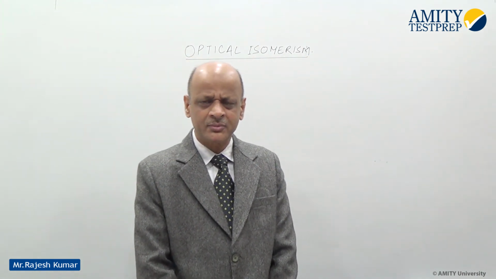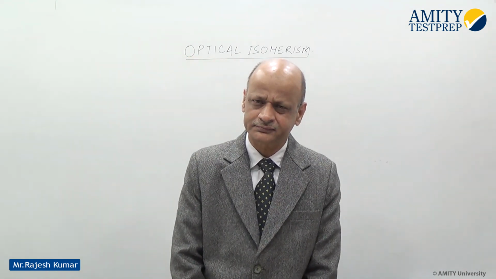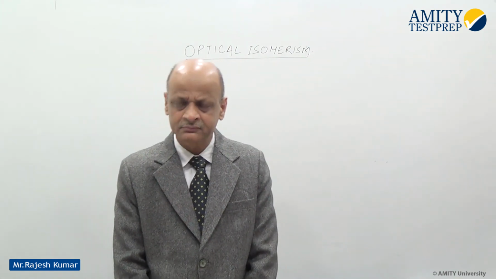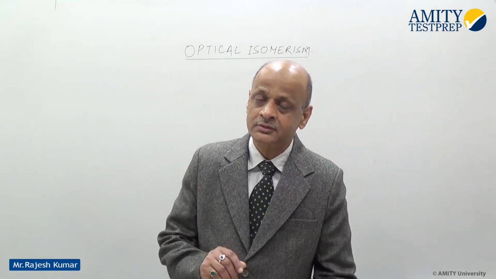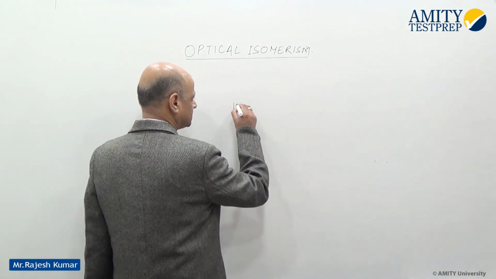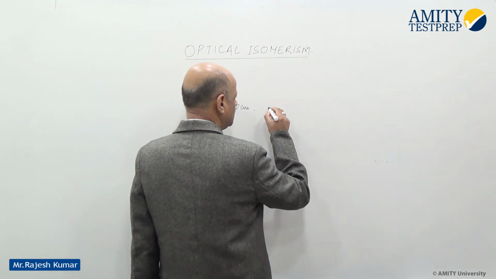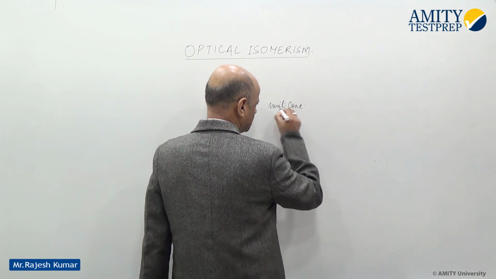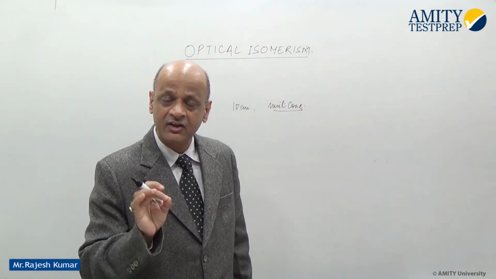The optical isomerism of a molecule is always measured in terms of the specific rotation. A specific rotation can be defined as the rotation caused by a solution of 10 centimeter in length and unit concentration, of light of a given wavelength at a given temperature.